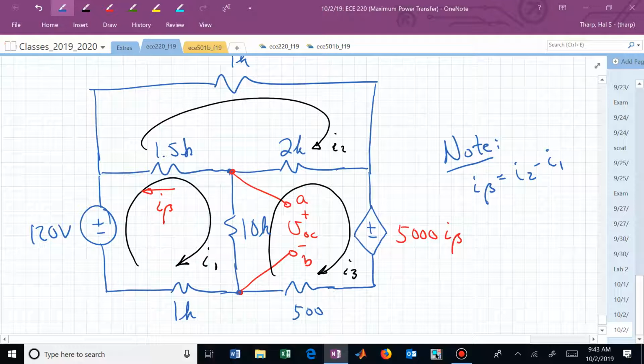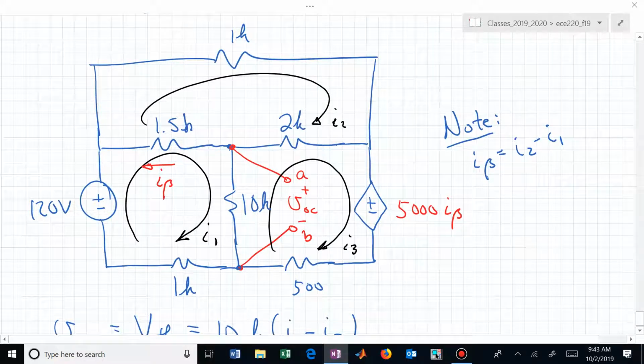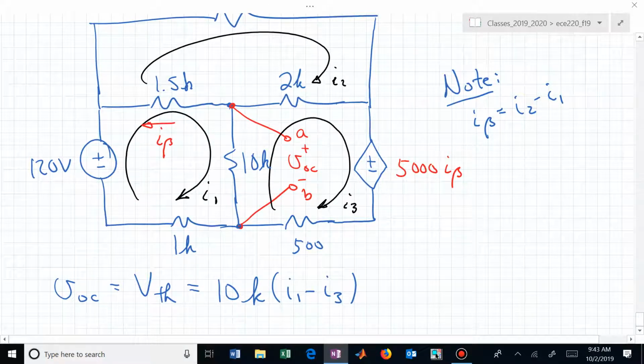Let's now write these expressions, the mesh equations, for what we've now identified with the different mesh currents. Mesh number 1, do you see it's minus 120 plus 1.5 K times what current? I'm now going from left to right.